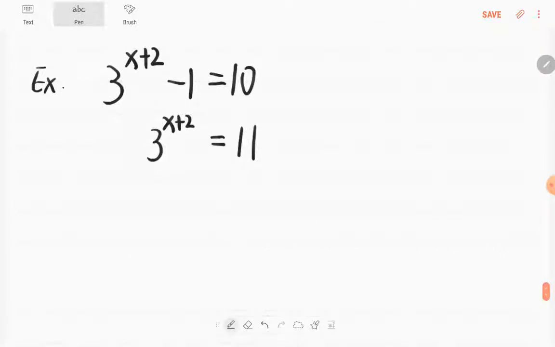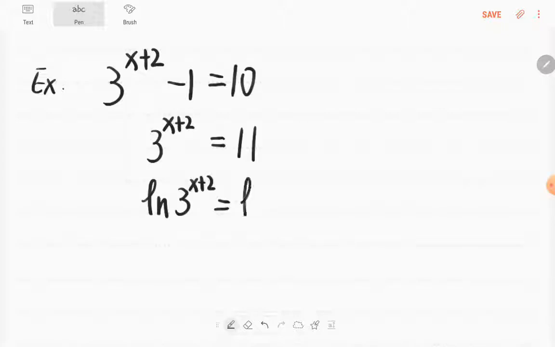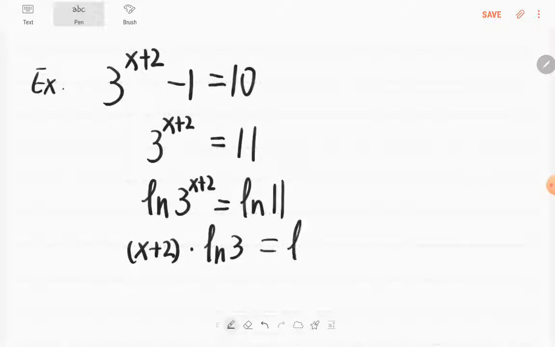Then what should we do if we have some exponential form equal to a constant? The way is to take the natural log on both sides. Natural log of 3 to the x plus 2 and the natural log of 11, right? Then we have the property that the power can be brought down in front of the natural log, so this would be x plus 2, using the parentheses, times natural log of 3 is equal to natural log of 11.